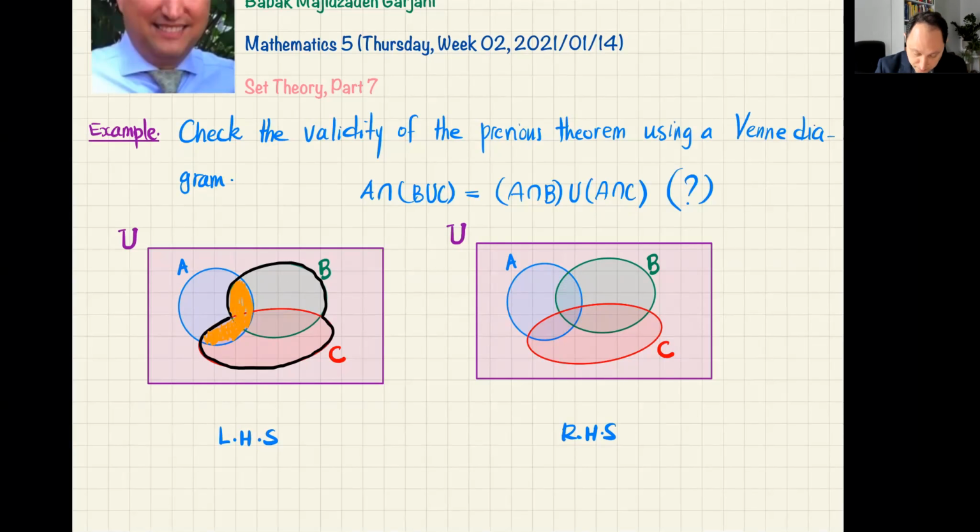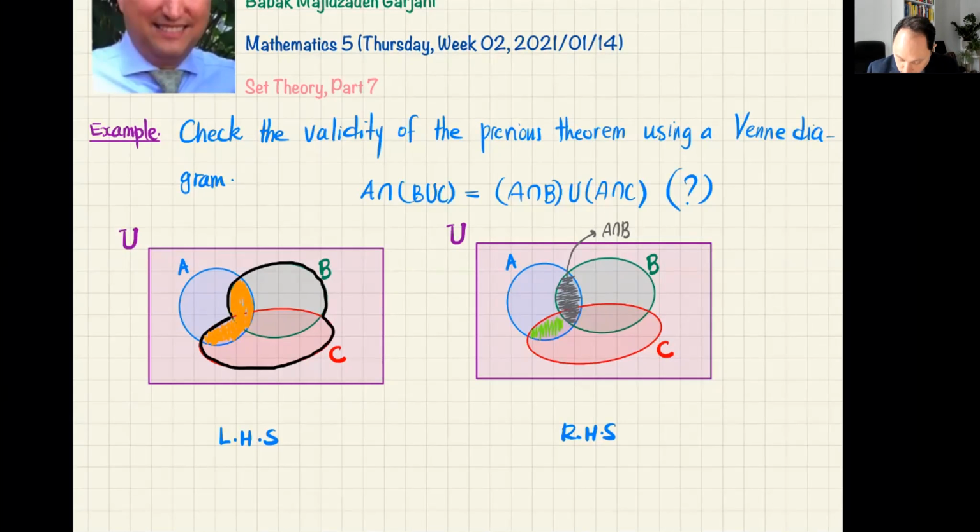So for example, I can have this one that I am hatching now. This part is A intersection with B. And if I change my color, for example, to this light green, this part, you see this part is not, but I'm also going inside here as well, yes?